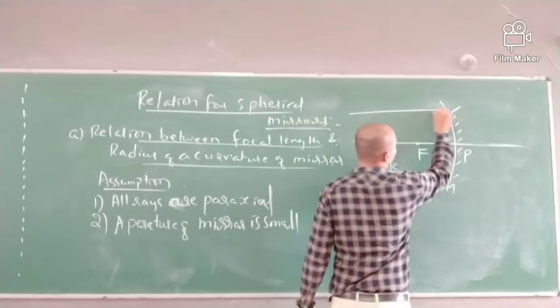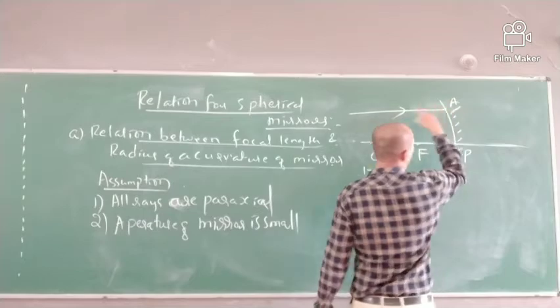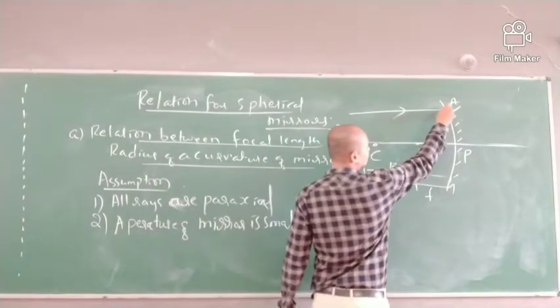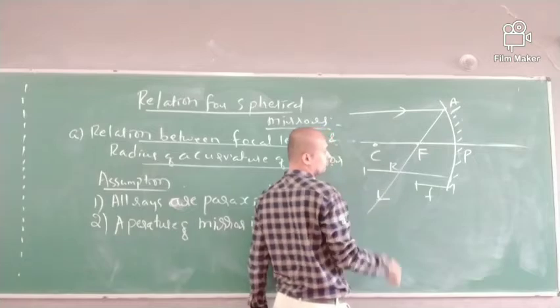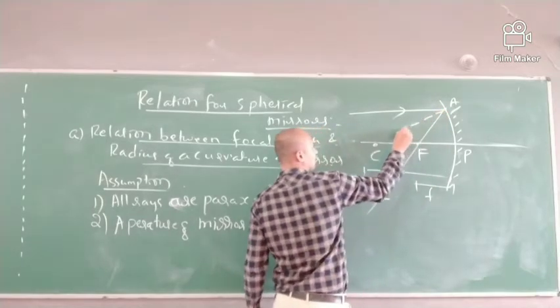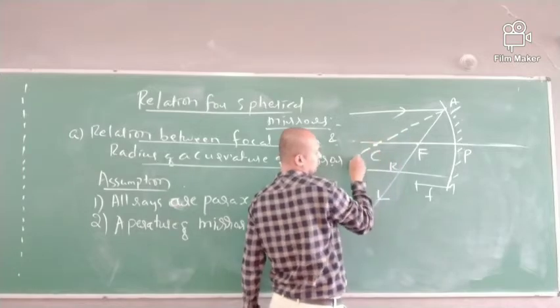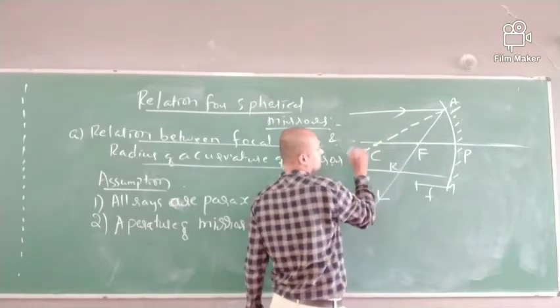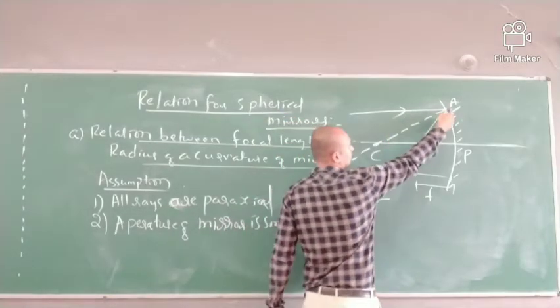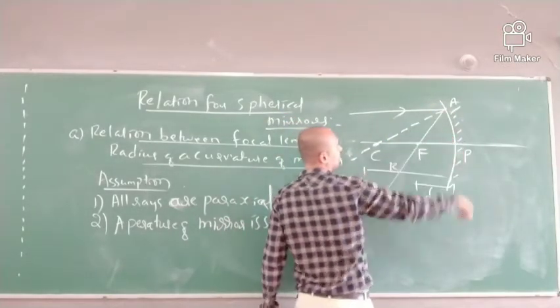Think that one ray is falling at a point A. All the rays I am assuming are parallel rays, and this ray will pass through focus point. If I draw one normal line, that normal line has to pass through the center of curvature. Correct now? Because it is perpendicular to this aperture.